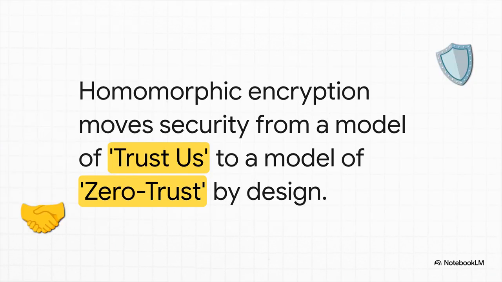And when you put all of that together, you start to see the true paradigm shift that's happening here. For decades, our entire online security model has been based on trust. We have to trust our cloud provider, trust our apps not to misuse or lose our data. Homomorphic encryption completely flips that on its head. It replaces that with a zero-trust model. We don't have to trust anyone because we never hand over the keys to our data in the first place.